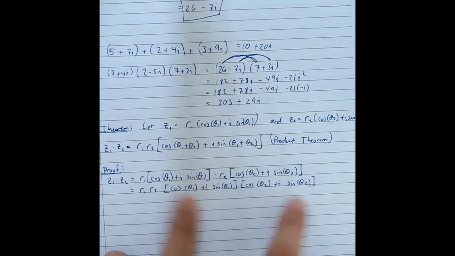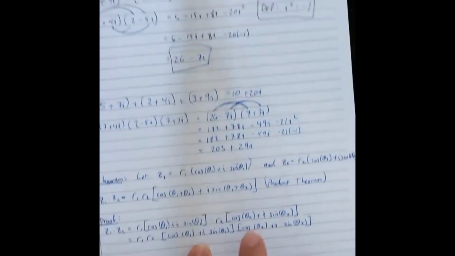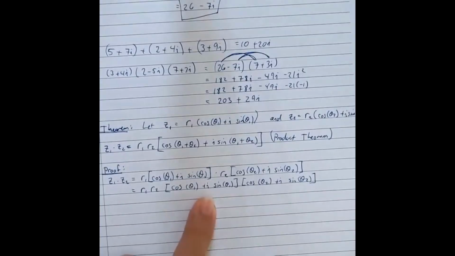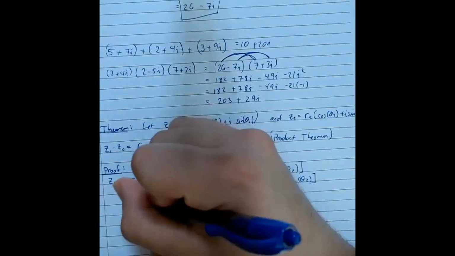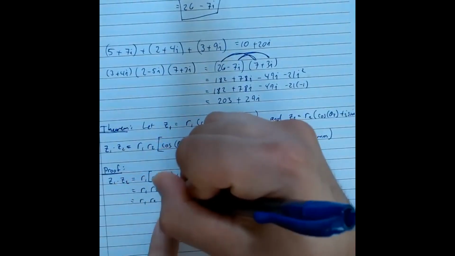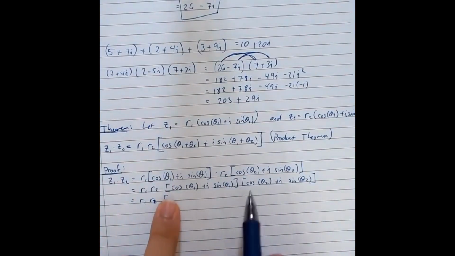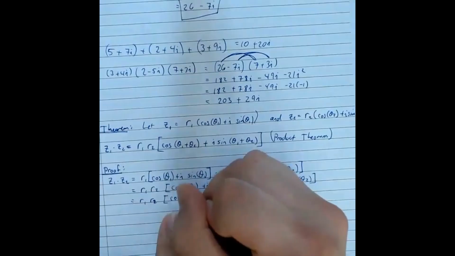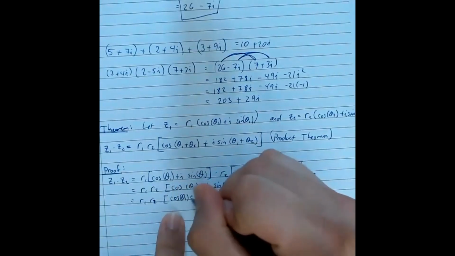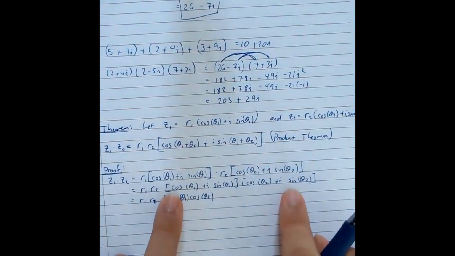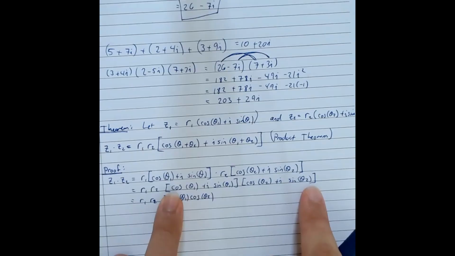But over here, these are not just two regular numbers, they're complex numbers. And we already saw that when we multiply complex numbers, we have to distribute. So let's do that. That's going to give us r1 r2 times, let's distribute: cosine of theta 1 times cosine of theta 2. Cosine of theta 1 times i sine of theta 2.